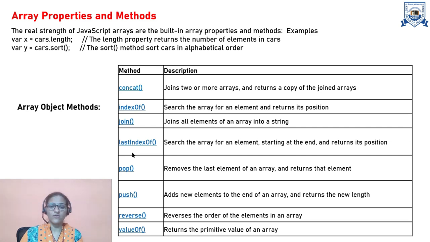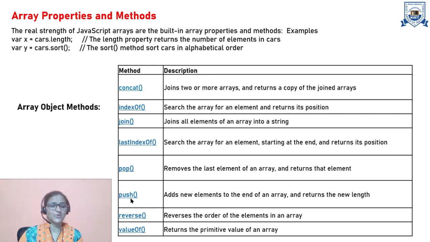LastIndexOf: what will it do? It searches the array for an element starting at the end, because it starts from the last, and returns its position. Pop removes the last element of an array and returns the element.